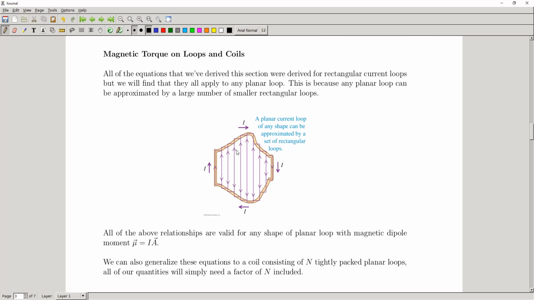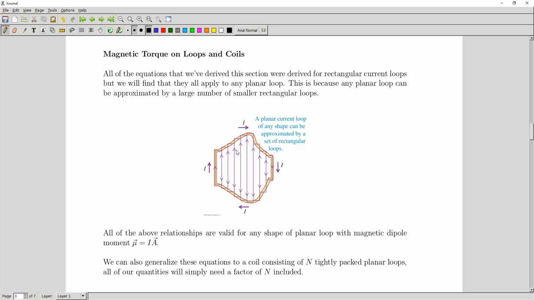For any planar loop, all the equations that we just talked about are going to apply, because you can approximate it well by drawing a large number of very, very small rectangles. This is the same sort of integration idea, right? We can build any shape out of a bunch of very small rectangles, and we can approximate it arbitrarily well if we allow ourselves to use lots of very small rectangles.